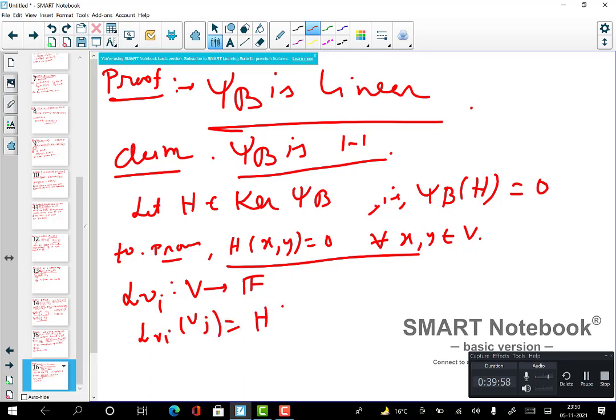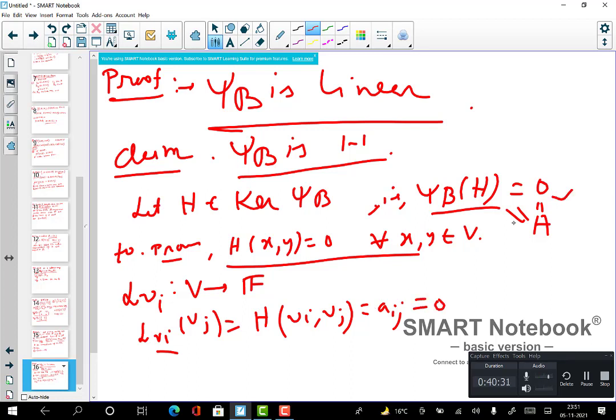So Vi will be on the left side, Vj will be on the right side, right? But we also know that this is nothing but the ith row and jth column of this matrix. If this matrix is, say, A, which is given to be 0, then this is nothing but Aij by definition. But Aij equals 0 because you assume that this is the zero matrix.